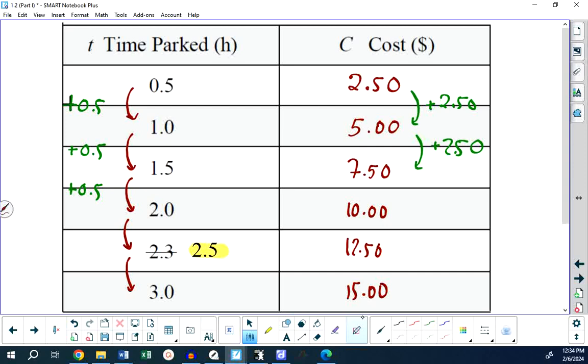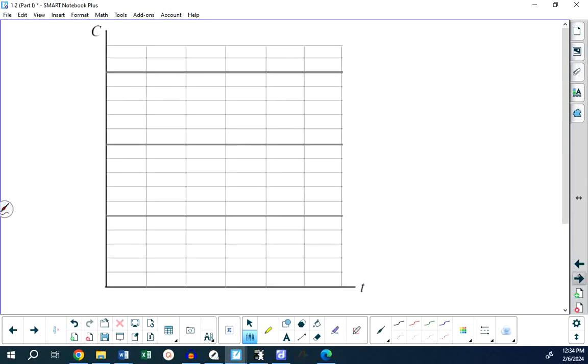Okay, good. So now we want to make a graph. Well, one of the things on your assignment that you got back that some of you lost marks for is you forgot to put a title. So we need a title for this. What's the title going to be? The title is going to be cost compared to time.